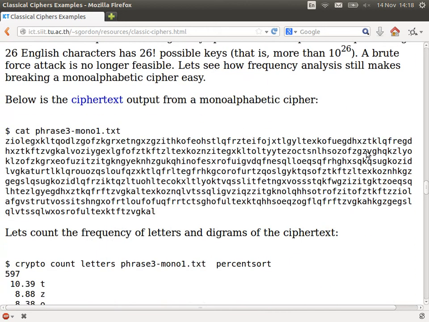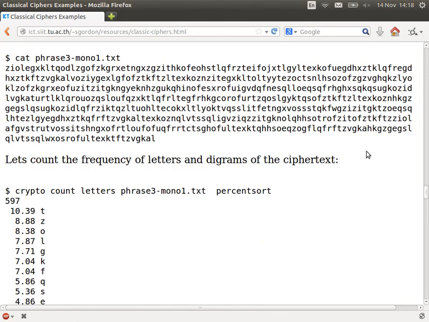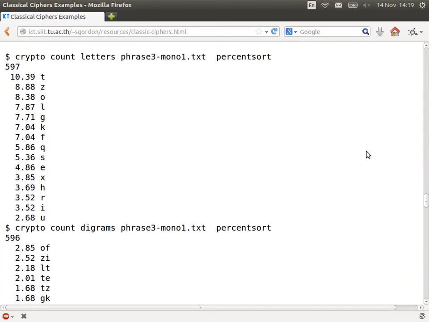And you can read through, I won't show all here, but there's some ciphertext. The attacker is given that only. They count the letters. They see T, Z, O, L are the most frequent. And then we start trying. T maps to E. But maybe it doesn't. It's not guaranteed, but we'll try different ones.